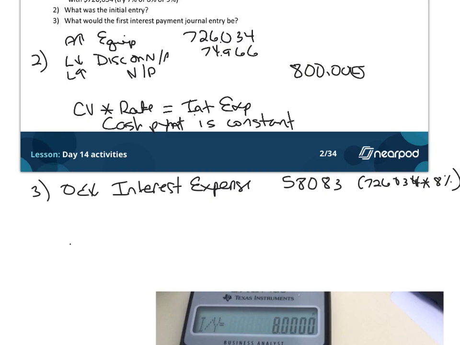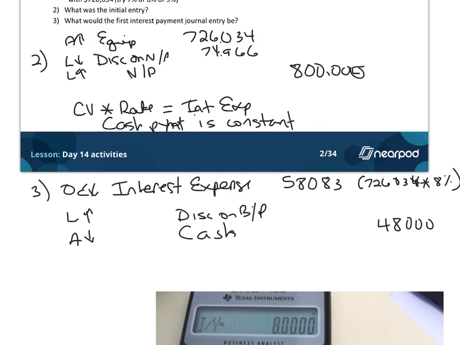And the cash is given in the problem that every time we make a payment, it's for 48,000. And then any difference, which has to be the credit here to make it balance, is the amortization of the discount.